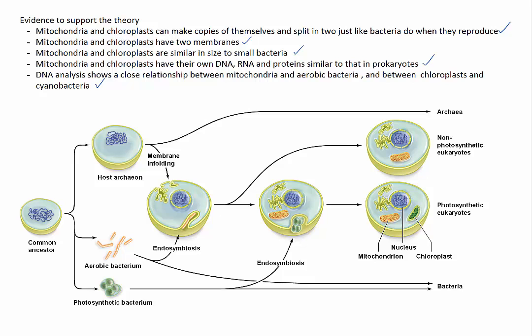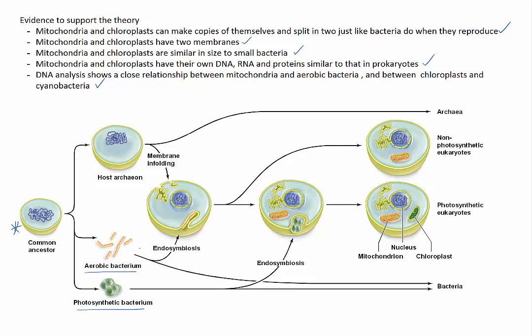I'll explain this diagram before showing you an animation of the same thing. All prokaryotic and eukaryotic cells had a common ancestor that was a bacterial cell. Floating around, minding their own business, were aerobic bacterium and photosynthetic bacterium.